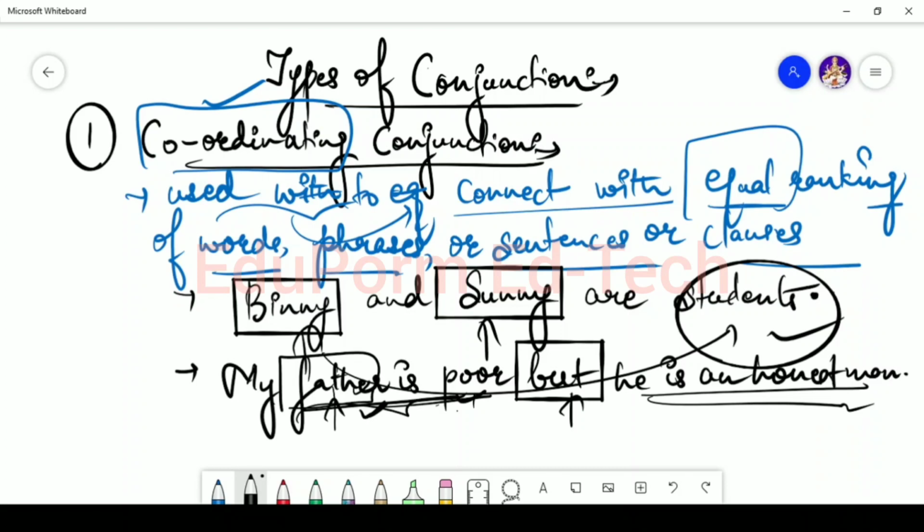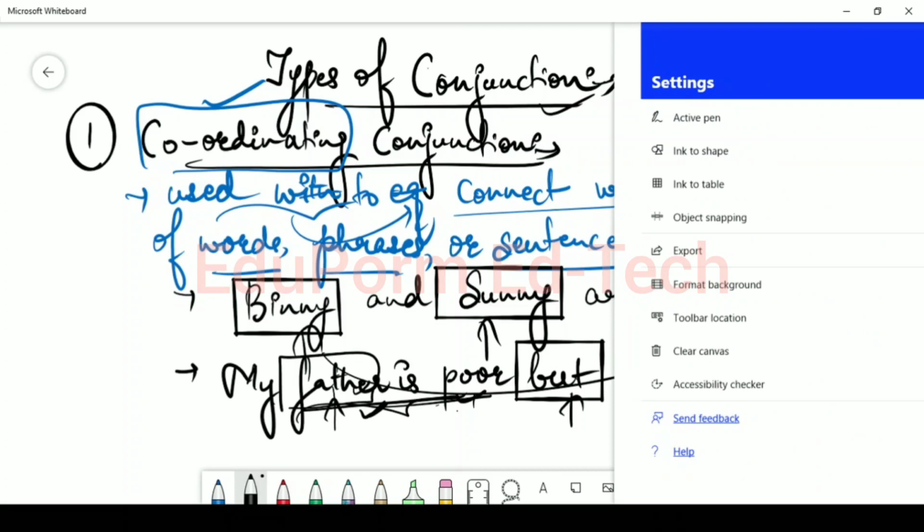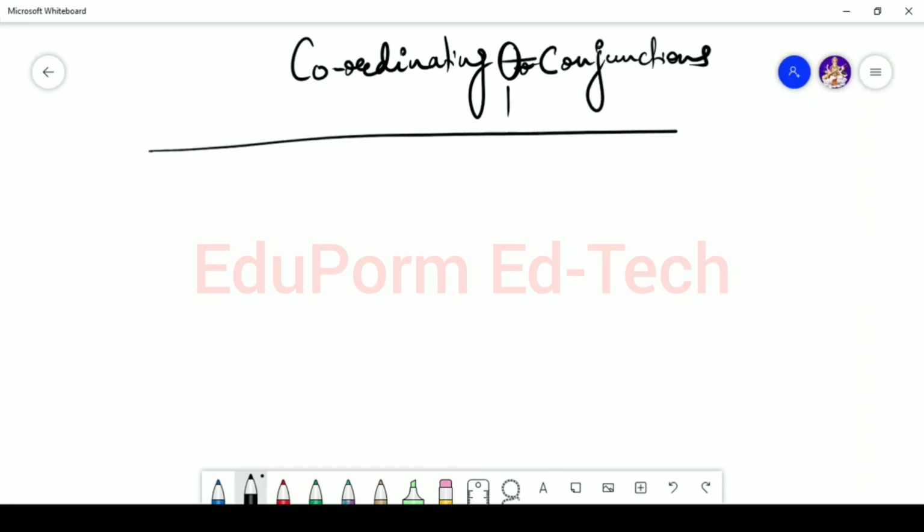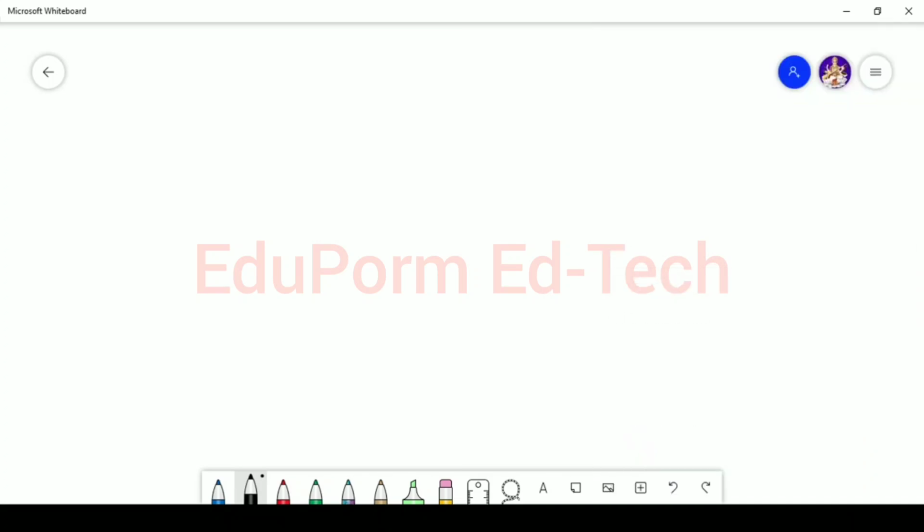sentences or clauses. Okay. Now these coordinating conjunctions are further divided into, see, these are the coordinating conjunctions. Okay, the first type of conjunction, that is coordinating conjunction. Now coordinating conjunction is further divided into four types of conjunctions. What are those four types?